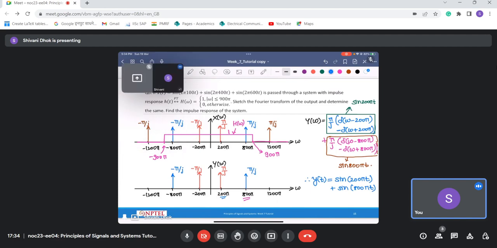So this is the Fourier transform of the output signal, and this is the output of the system that we have been given.